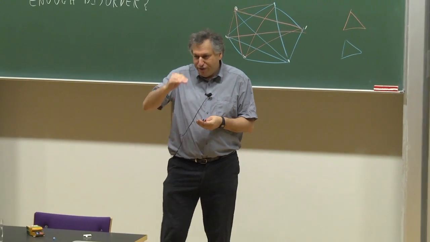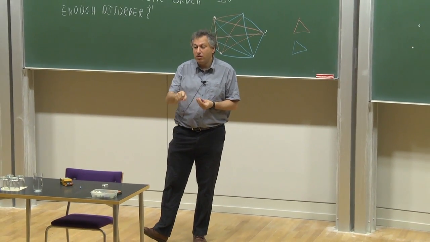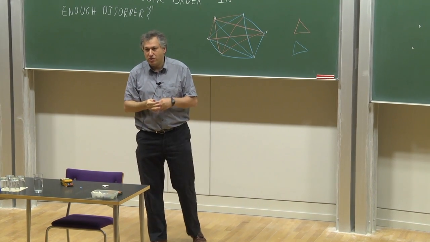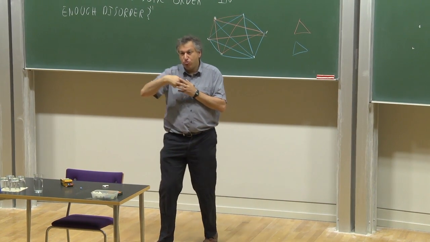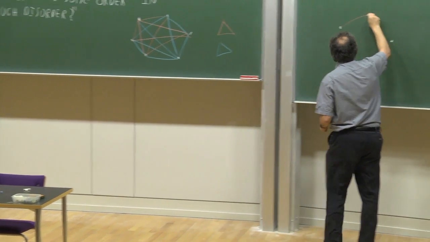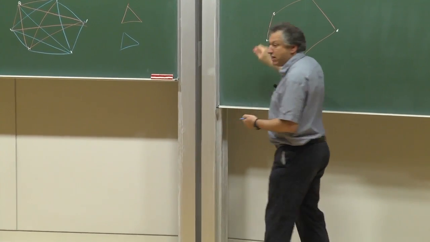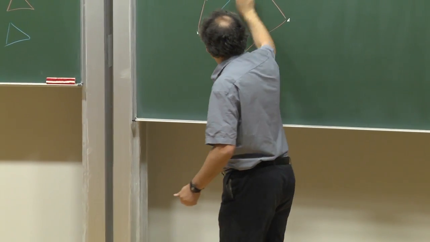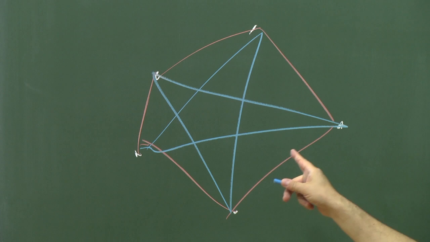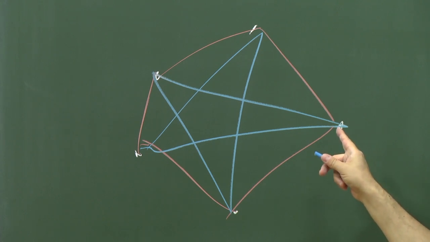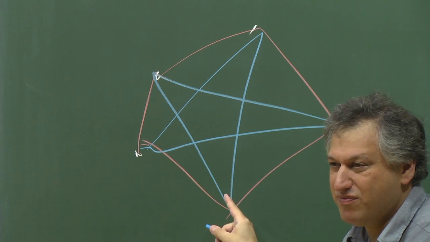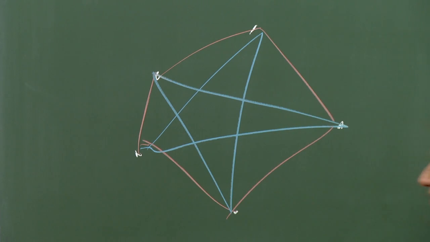You imagine you're 5 people sitting around a pentagonal table, and you say your neighbours on either side, left and right, are your friends, and across the table you're strangers. So that would mean in a picture, I'd go around the outside in red, and on the inside in blue. And if you think about it for a second, there's no red triangle. Well, that's pretty obvious. There's no blue triangle either, because the blues are also just a pentagon, aren't they? Or a pentagram, whatever it's called.